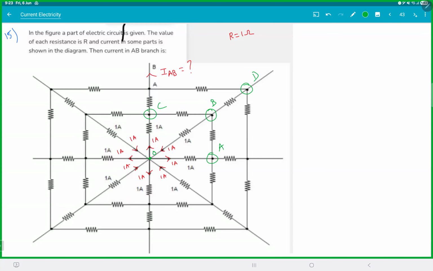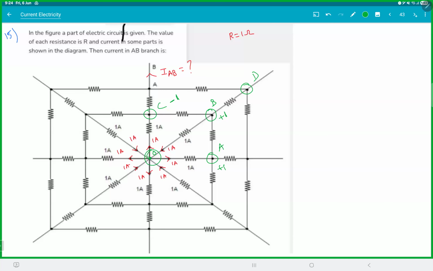This you could have figured out, right? Look, this is 0. This 1 ampere is flowing. The potential difference across the resistor is 1 volt. So current flows from higher to lower voltage. So B must be +1, right? And C should be -1, right?